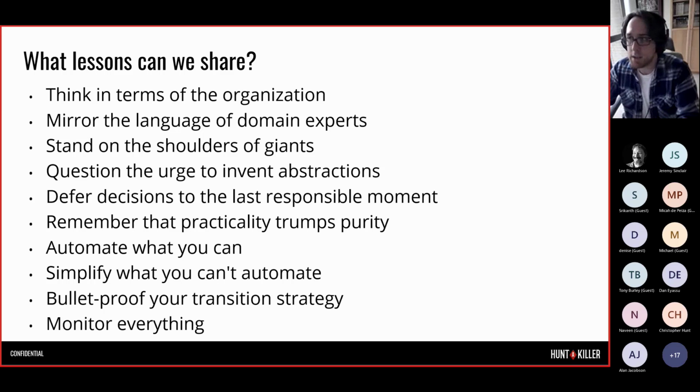The next lesson is to mirror the language of your domain experts. This really is at the heart of domain-driven design. I'll take a step back. A lot of times we as developers tend to name things differently than the way that our domain experts are referring to them.